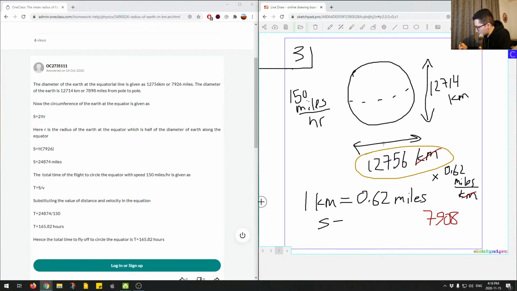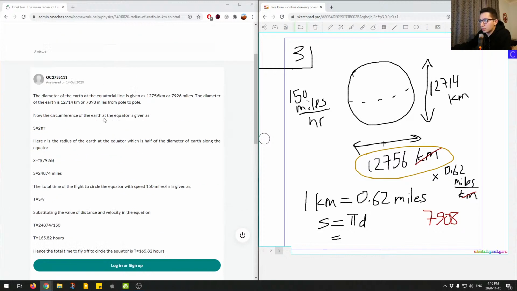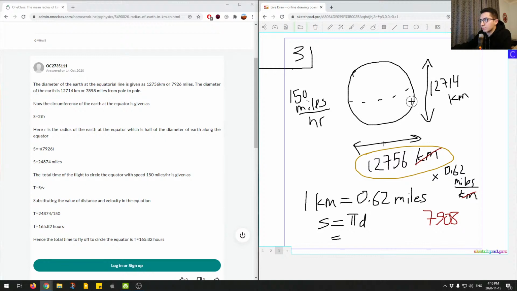So S is equal to pi times diameter, which in our situation is pi times 7926. So this will give us the distance our plane is traveling. We're flying over the Earth's surface from east to west, over the equator kind of. And we want to figure out the distance we're traveling. We know the diameter, we want the circumference around the Earth.